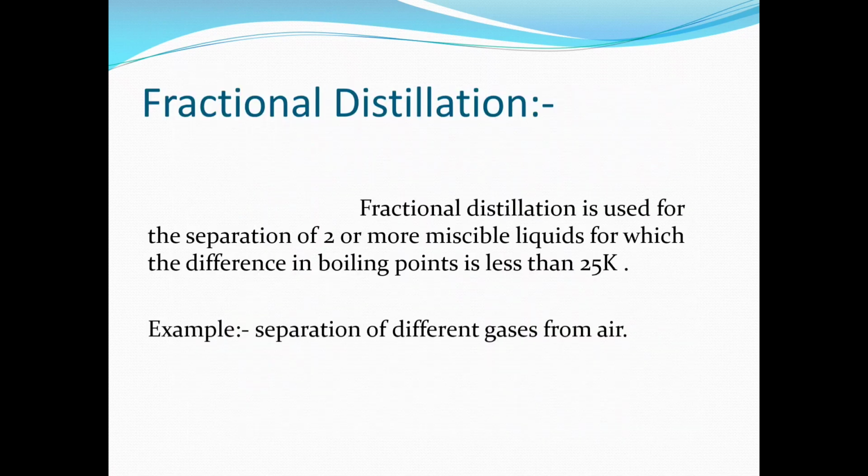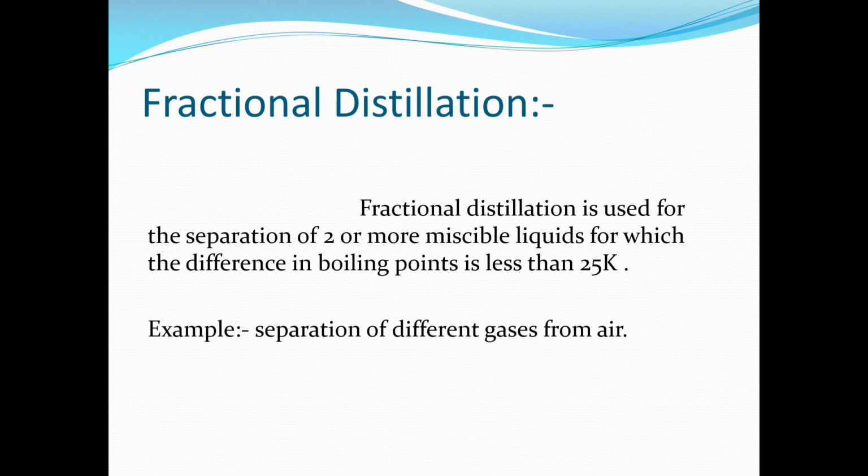We have learned about distillation, and now in this slide we will learn about fractional distillation. We have seen that for applying the distillation process, the difference in the boiling points of the liquids should be sufficient, that is, there should be a significant difference.